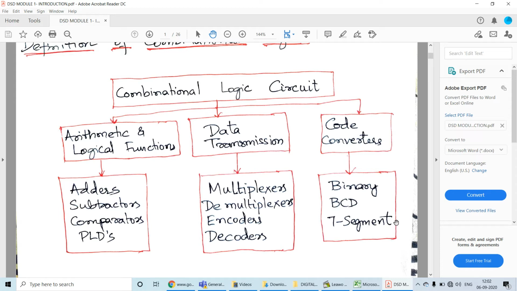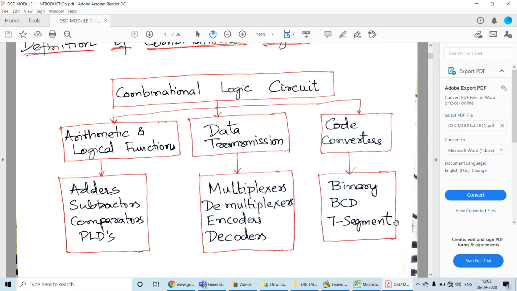If you want to see that counter value, you need a 7-segment display for that traffic signal. That is an application I told you about, but how to design those applications is the knowledge you gain by designing these combinational logic circuits.